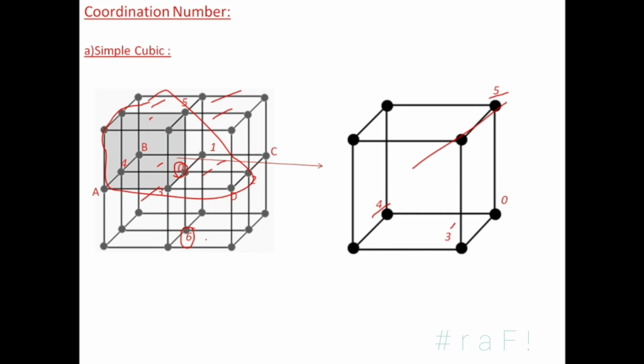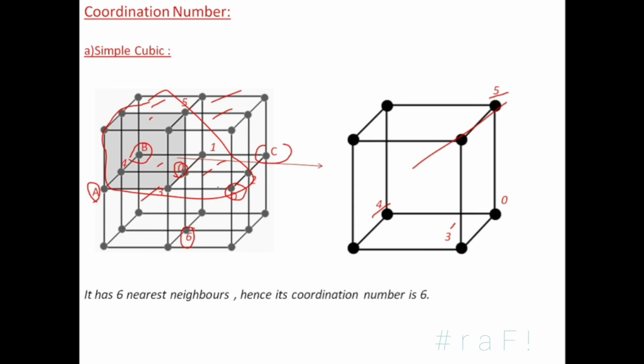And if you see this atom A and this atom B, this atom C and this one atom D, they are not the nearest atoms to this center atom because they are diagonally arranged. And 1, 2, 3, 4, 5, 6 are present at equidistance. Here A, B, C, D are diagonally arranged, so they are not the nearest.